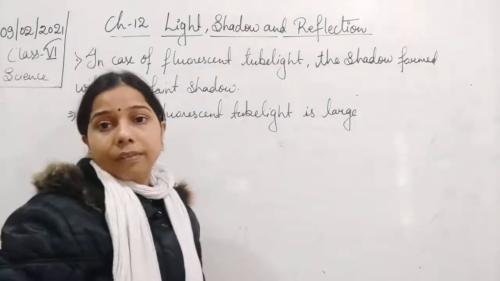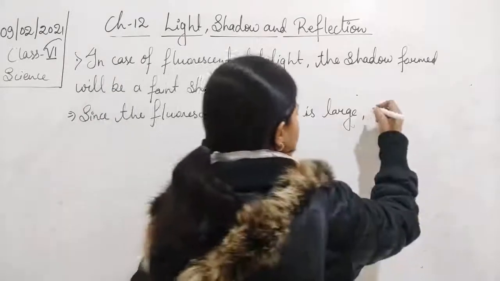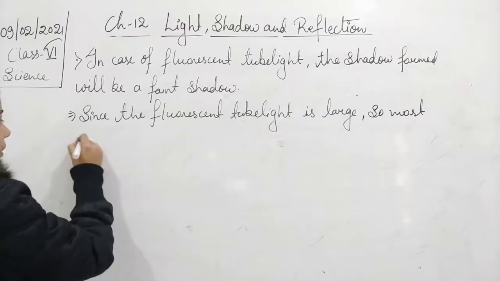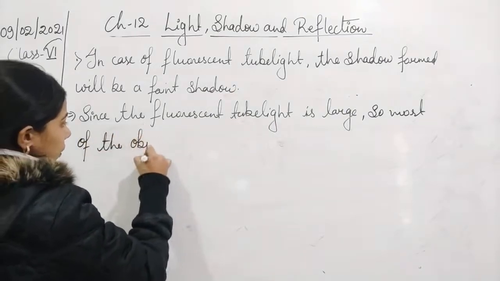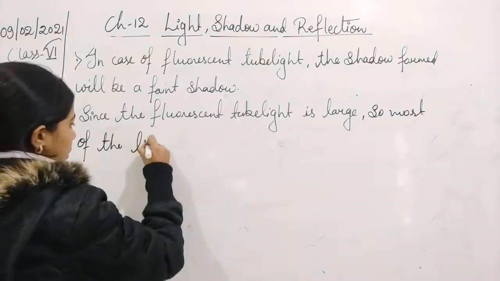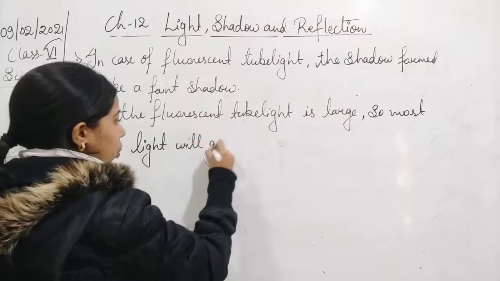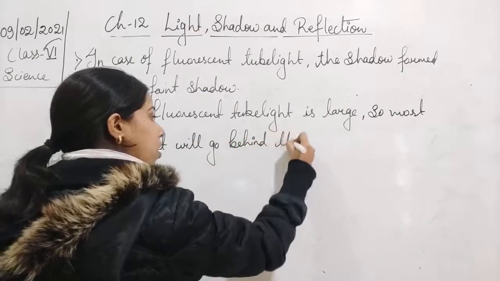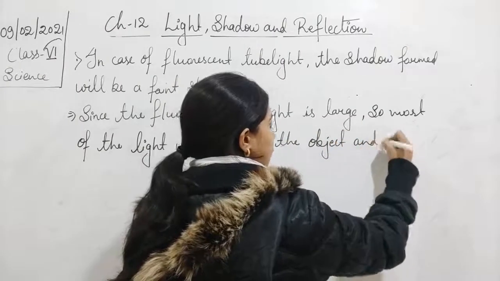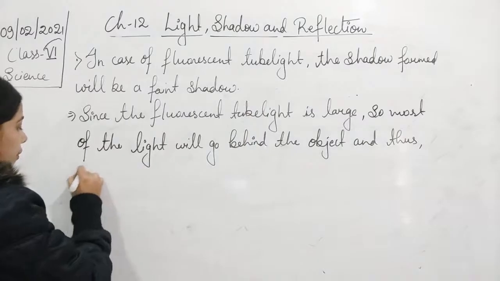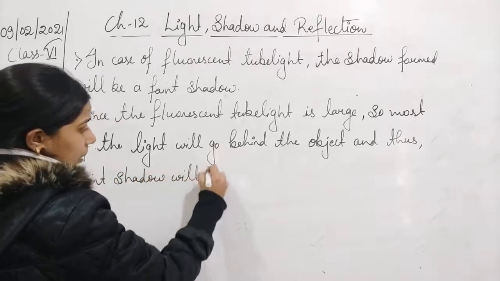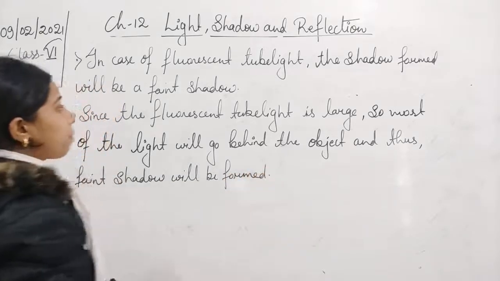Most of the light will go behind the opaque object, and thus a faint shadow will be formed.